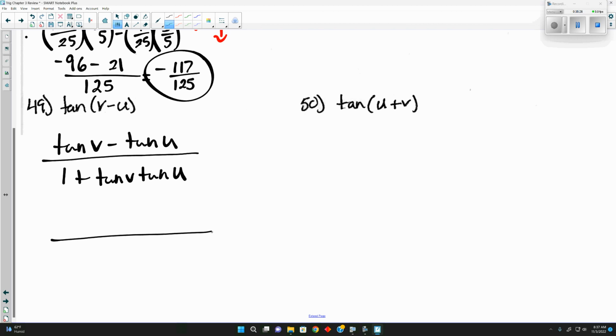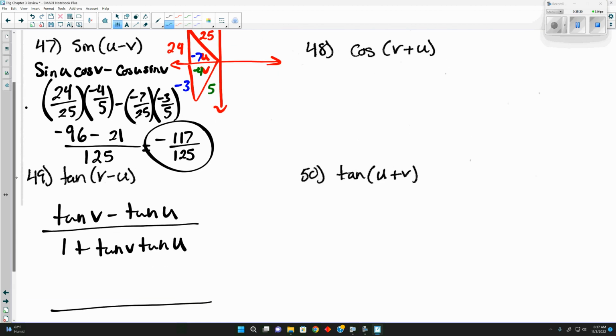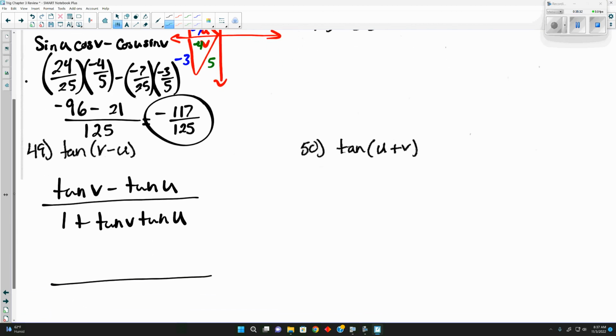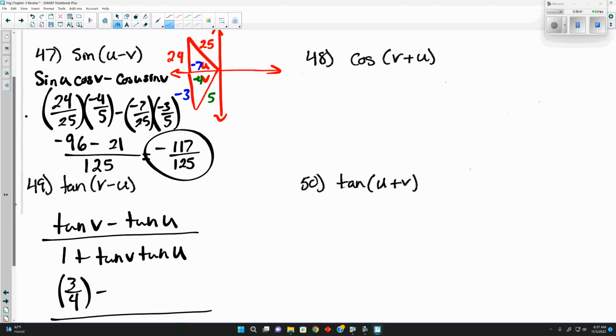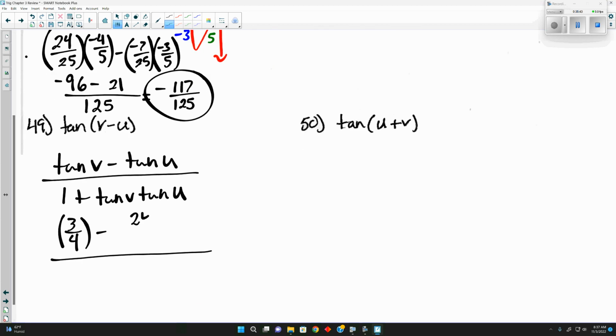Now for tangent of V, we can come back to the triangle. So tangent is opposite over adjacent. So this would be 3/4. Tangent of U, opposite over adjacent, would be 24 over -7.